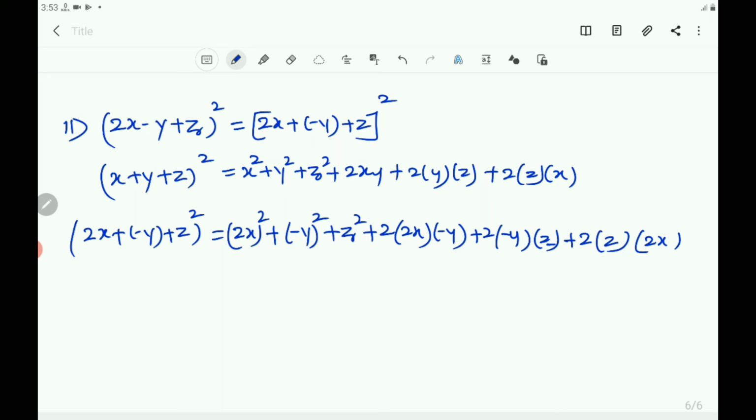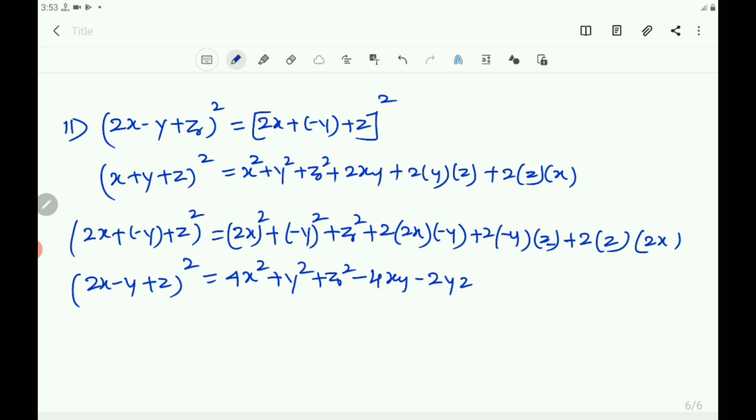Then (2x − y + z)²: (2x)² is 4x², (−y)² is plus y², z² is z² only, and the product of 2x and −y is 2 fours, minus 4xy, and the product of 2, −y and z is minus 2yz, and the product of 2z and 2x is plus 4zx. You got the expansion of (2x − y + z)².